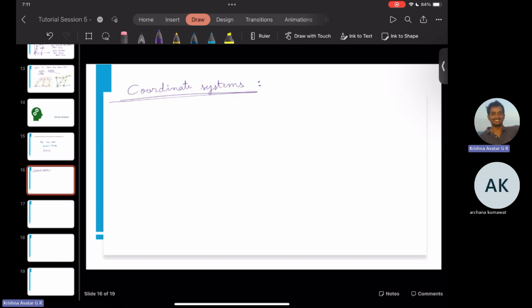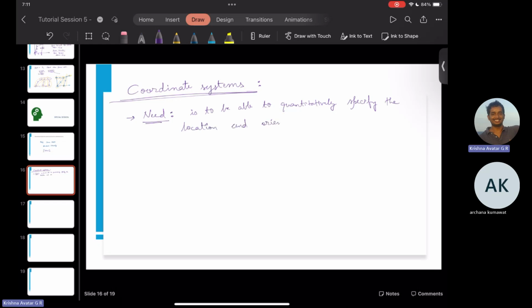What are coordinate systems and why do we need them? So at first, why do we need a coordinate system? The very need of a coordinate system is to be able to quantitatively specify the location and orientation.